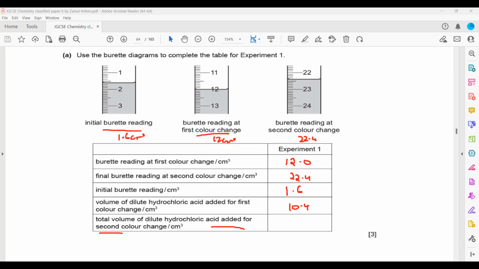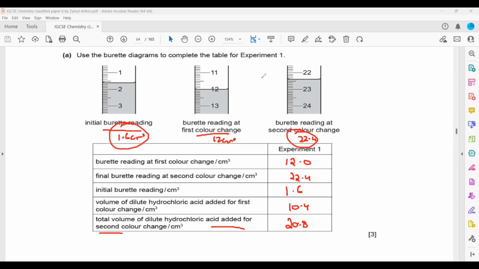So what is the total volume of hydrochloric acid added? So 20.8, because when you subtract, originally it was 1.6 and now 22.4. So how much is it? That is 20.8.